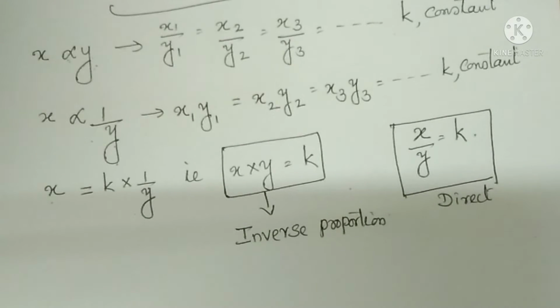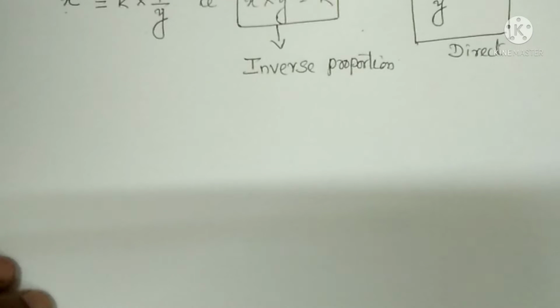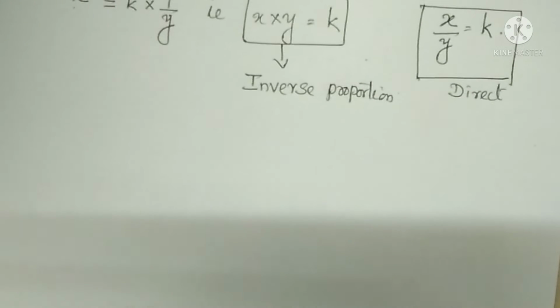Okay. Now let us start with exercise 13.2. The first question is, you need to identify whether the given conditions are in direct proportion or inverse proportion. Which of the following are in inverse proportion?